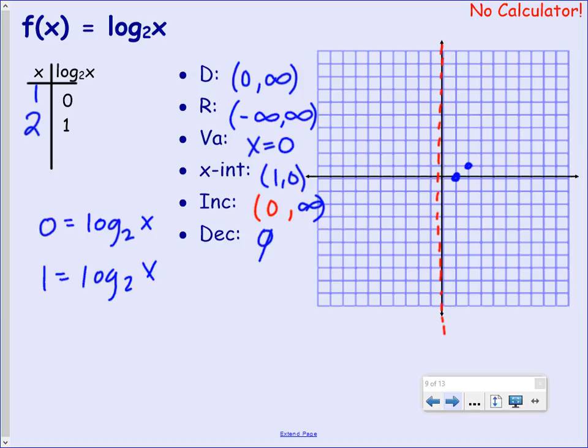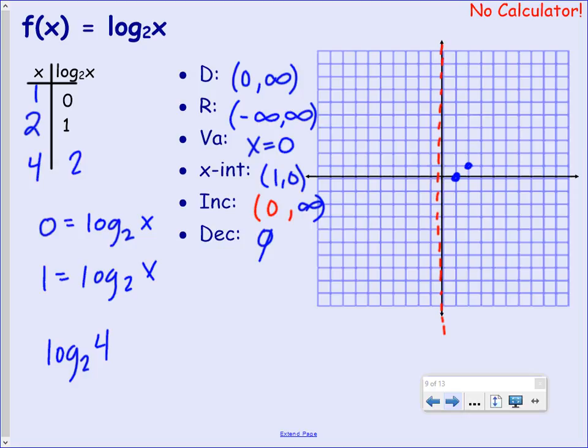Now, this is the first logarithm graph that you've done, so if you wanted to, you could find more points that work. If you're not really sure what those two points are doing, you could find more points that work, and you have to pick carefully what you want them to be equal to. I might choose an x that is 4, because I can easily evaluate log base 2 of 4. What exponent for 2 gives me 4? 2.